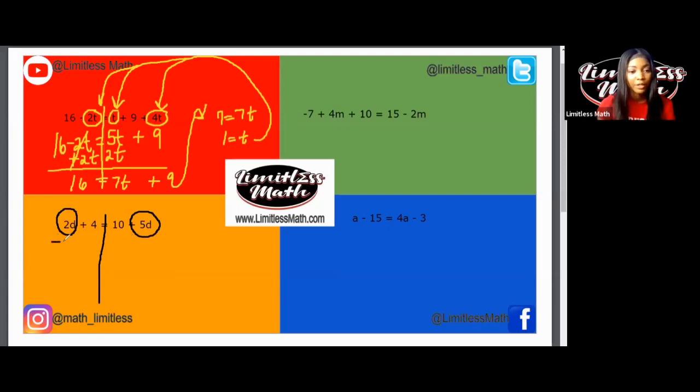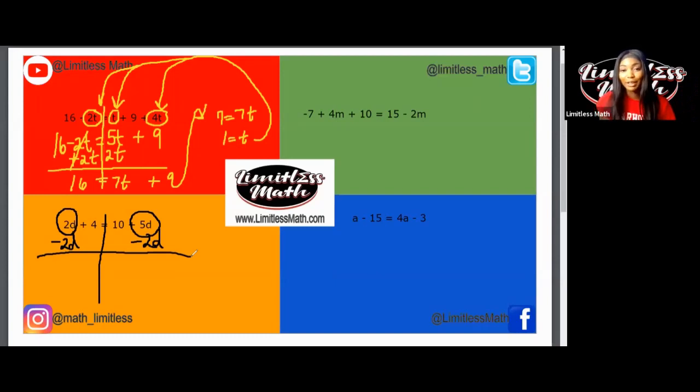I'm going to move 2d again. It does not matter, guys. I intentionally move the small one most of the time because I prefer to work with positive numbers, but it doesn't matter. Some people use the method, I want my variable on the left no matter what.